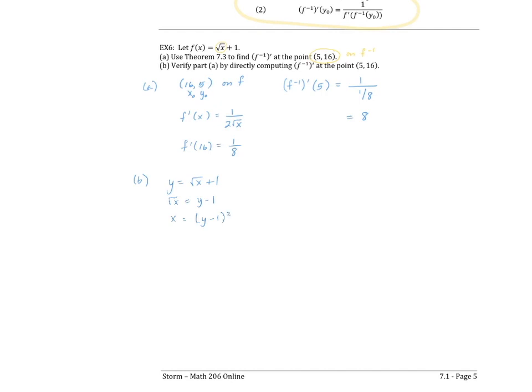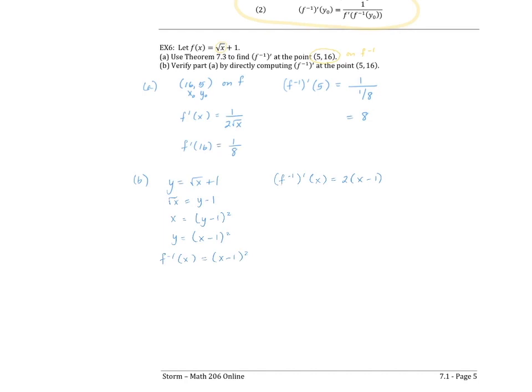And then I have to exchange my x's and my y's. And this would be my inverse function. So once I have my inverse function, then I would compute the derivative. And the derivative is, chain rule, 2 times x minus 1.